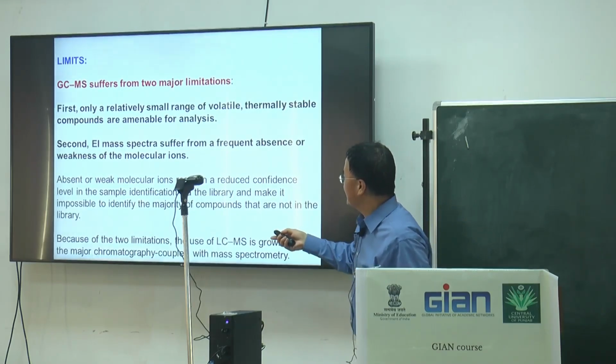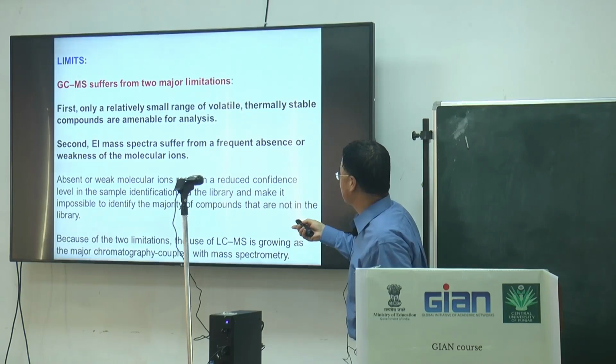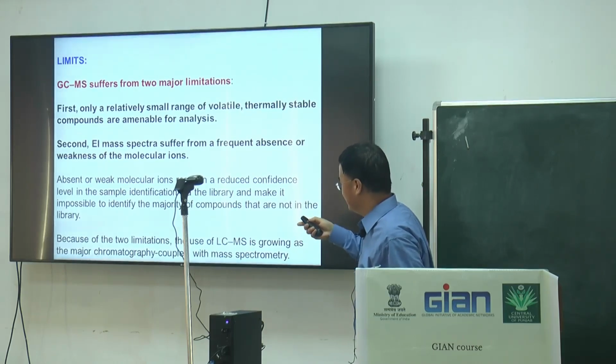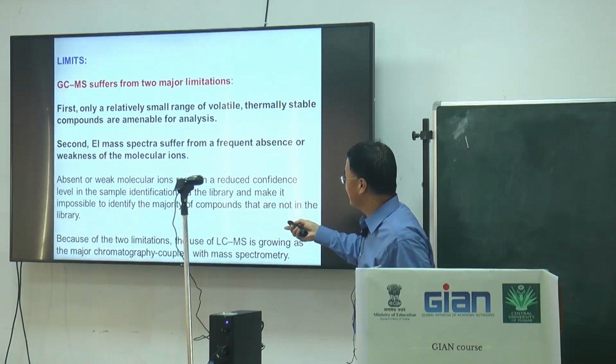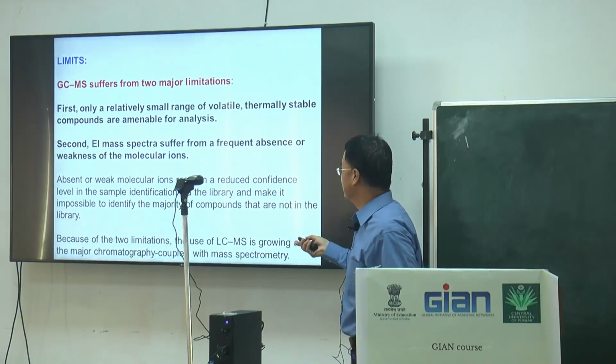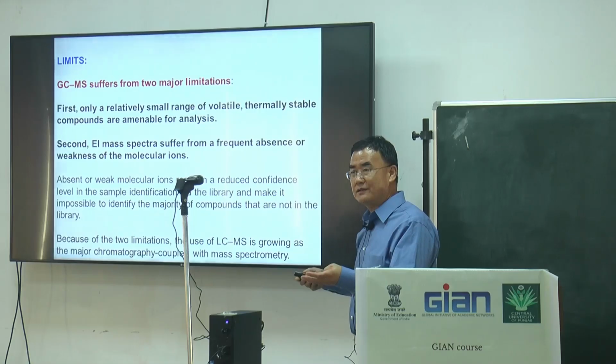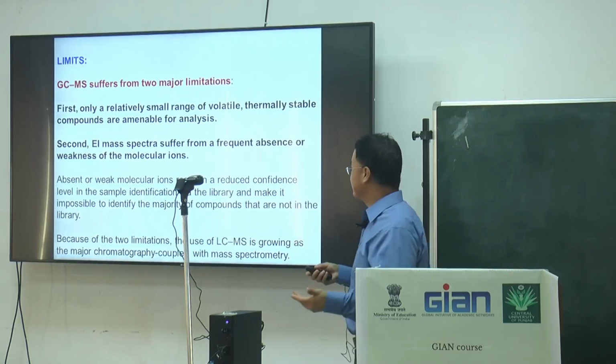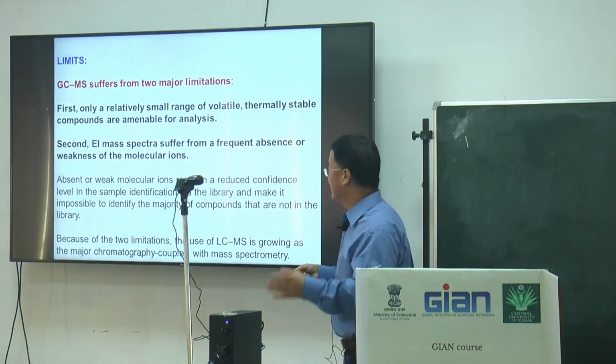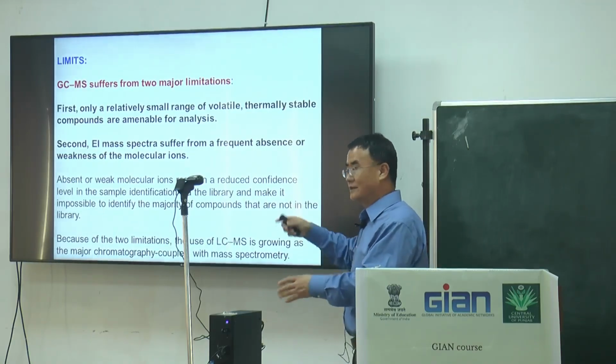The absence or weakness of the molecular ion lowers the confidence level in sample identification by library, because the ion peak is not strong enough, so you couldn't find a strong signal to match the library.